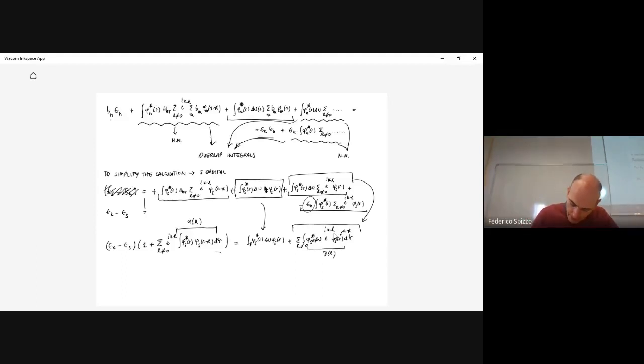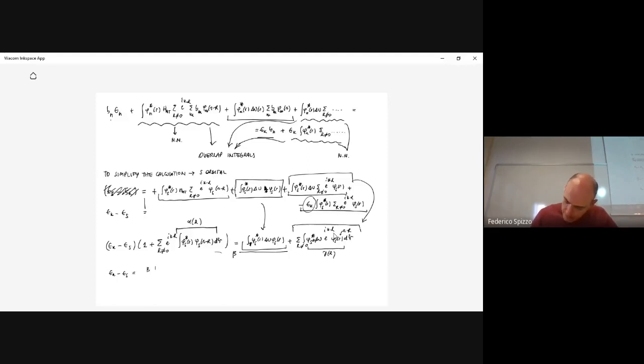So E of k minus E of s at this point is equal to, just to simplify the structure of the equation, this integral here, since it does not depend on R or on k, is just a number, that is called beta.